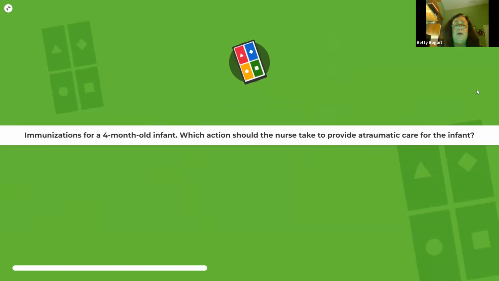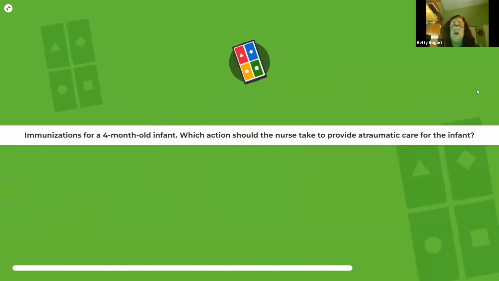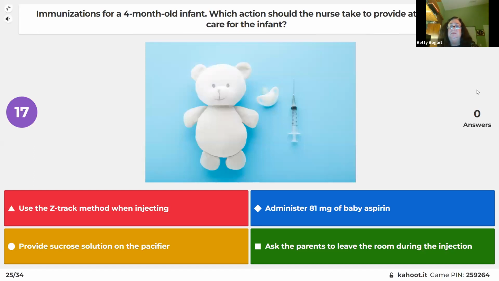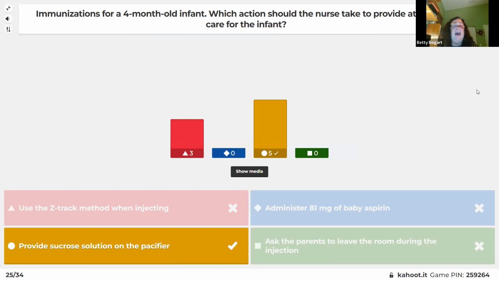Immunizations for a 4-month-old infant, which action should the nurse take to provide atraumatic care for that infant? What do you do so that needle going into that leg doesn't hurt? And that's sugar water on a pacifier.